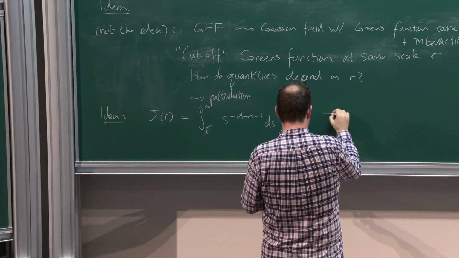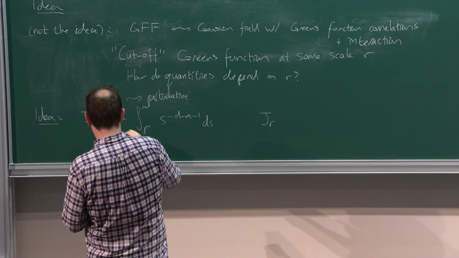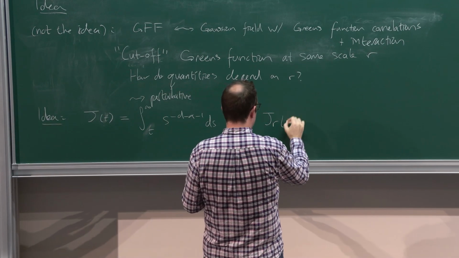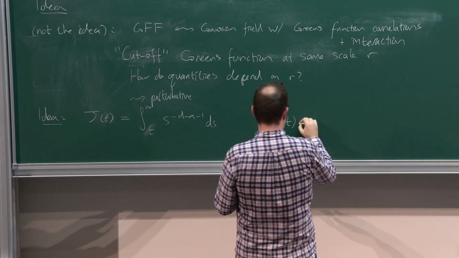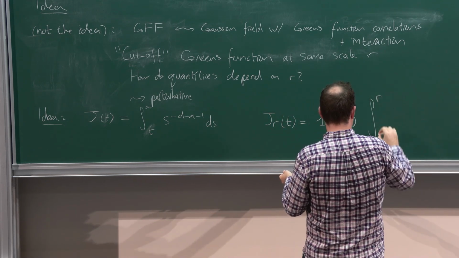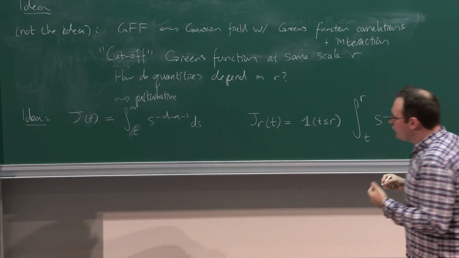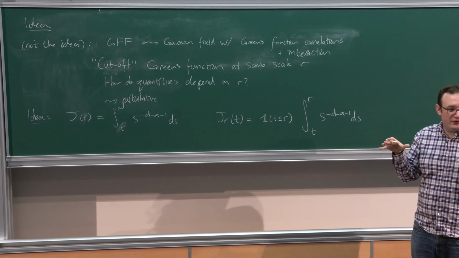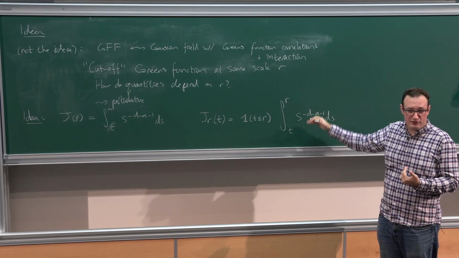And what I'll do is define the cutoff kernel, J_R, I guess I should call this something else, J_R of t, by just truncating the integral at R. So you can think this is a bit like just removing edges longer than R from the model, but it's better behaved analytically than that. I'm also changing the kernel at all smaller scales as well.